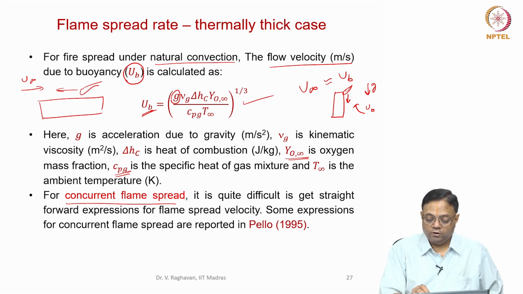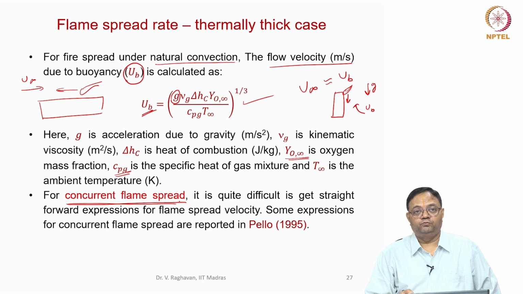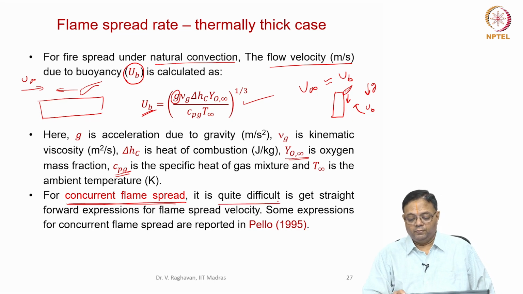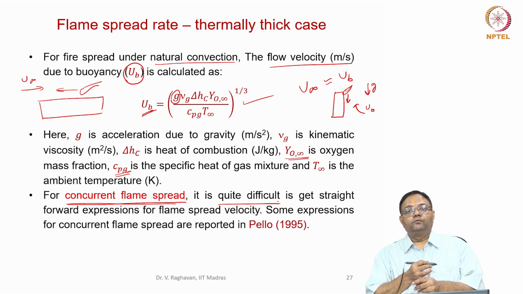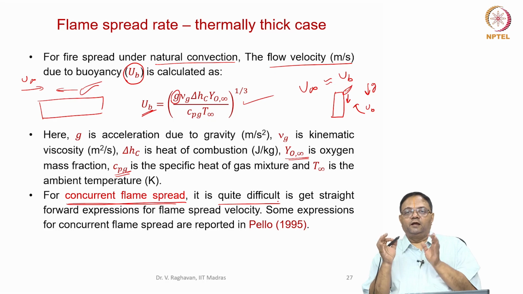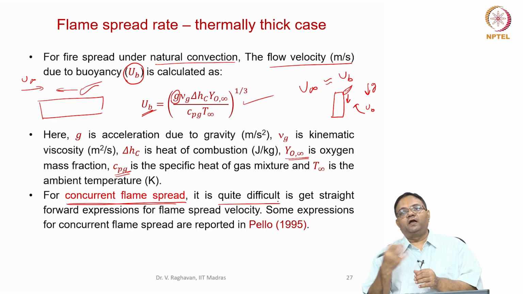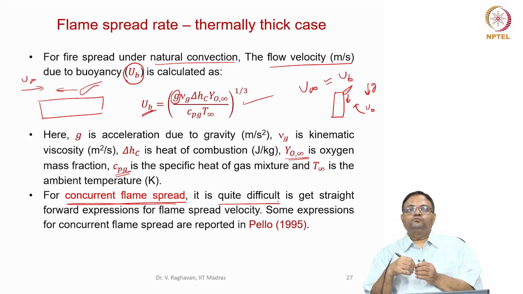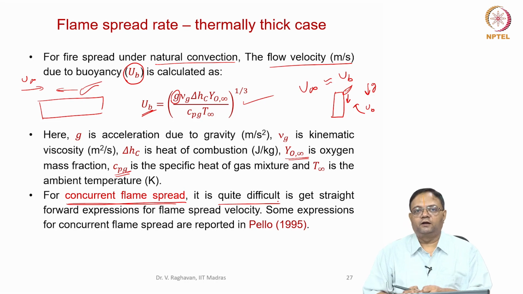But concurrent flame spread, how to determine the velocity? But it is very difficult, because the concurrent flame spread is very complex. The heating length, pyrolysis length, etc. vary, and there are a lot of non-linearities here.